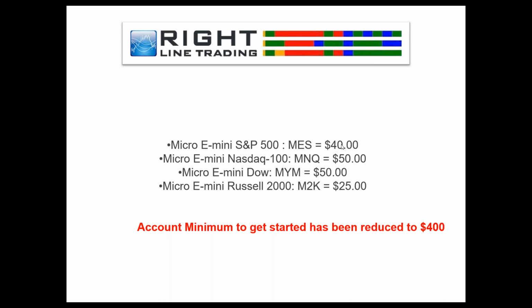The E-mini S&P margin is $40, the Nasdaq $50, Dow $50, Russell's only $25. In general, all you need is $400 in a trading account in order to start trading live.